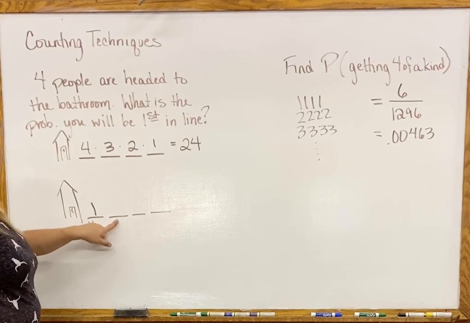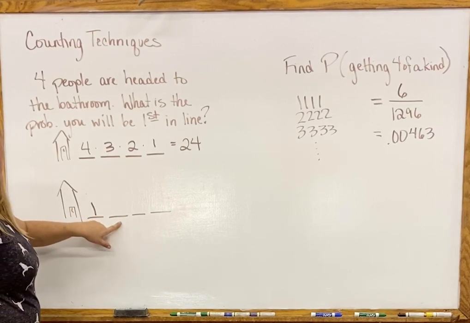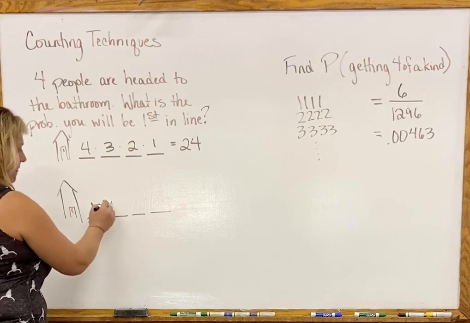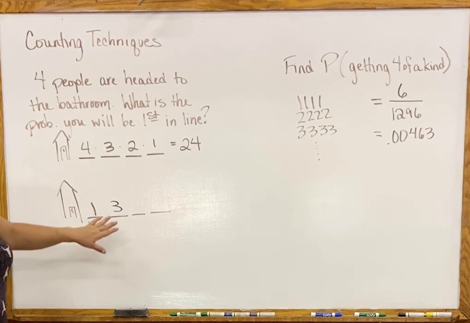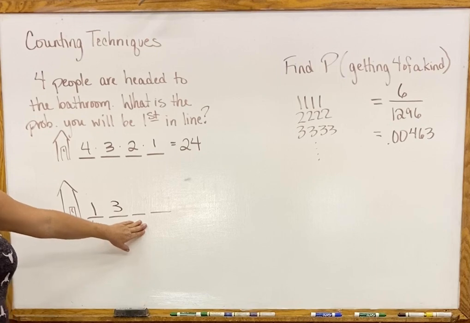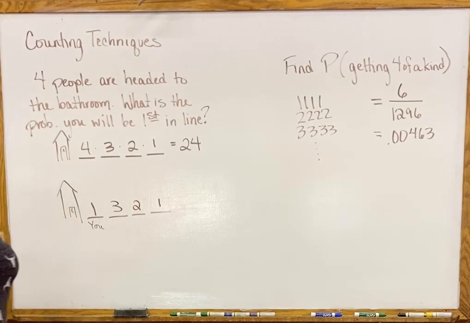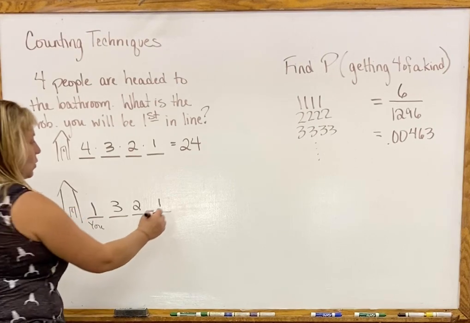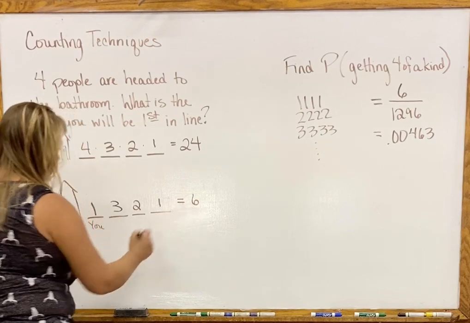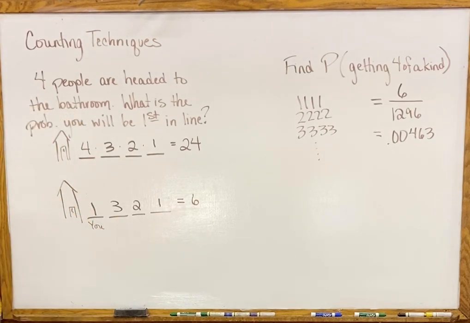So how many people are still fighting for this second slot in line? 3. Now how many people are still fighting for this one? 2. And then again, nobody's fighting for that one, so just 1. So if you want to be the first in line, it takes that 4 out and puts you as the only option for that first. So when we multiply here, we get 6, right? 1 times 3 times 2 times 1.